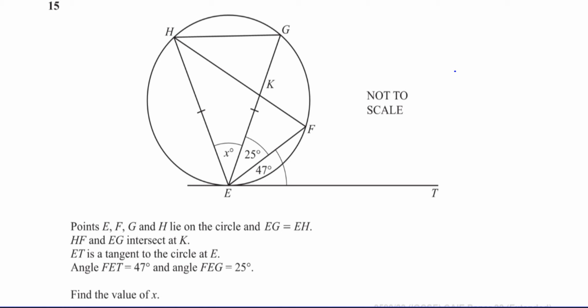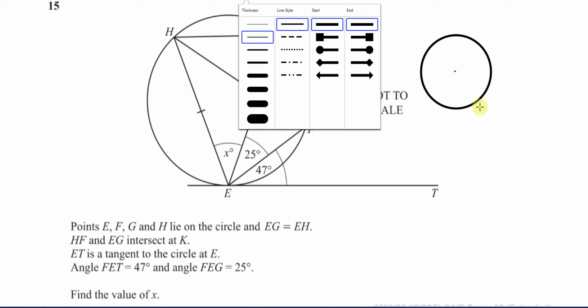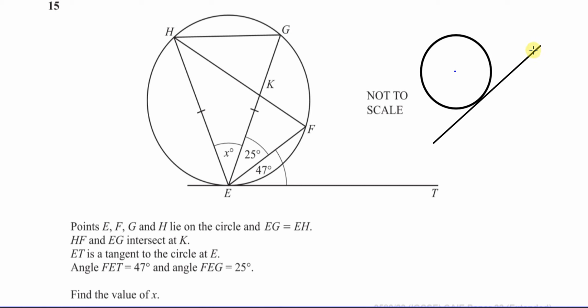So let's say we have a circle and we have a tangent to the circle. Now that tangent, when it meets a chord, for example, there's a chord that meets a tangent. So that's a chord in the circle, and that's the tangent to the circle.